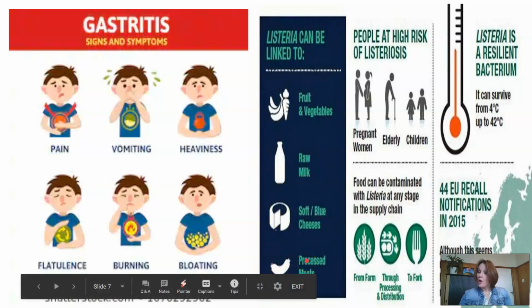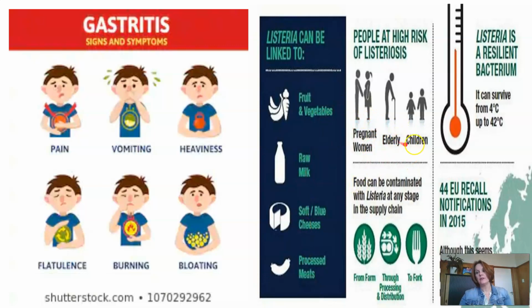And people who are at high risk for listeriosis are your pregnant women, your elderly, and your very small children. Now, Listeria bacteria can survive from 4 degrees to 43 degrees. It's quite a high temperature that they can survive in. Actually, there it says 42. Sorry, had to put my glasses on there to see that.